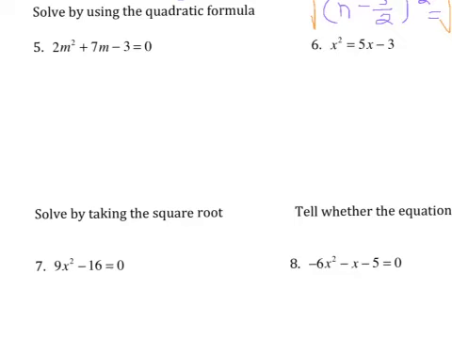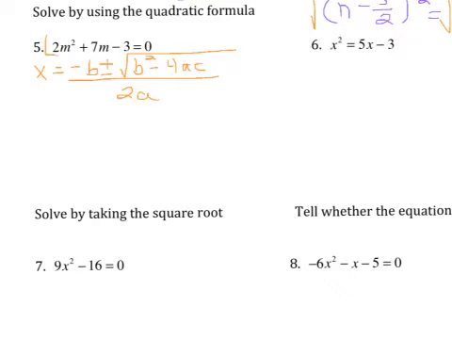Now we will review using the quadratic formula to help us solve a quadratic equation. So the quadratic formula is x equals negative b plus or minus the square root of b squared minus 4ac, all over 2a.